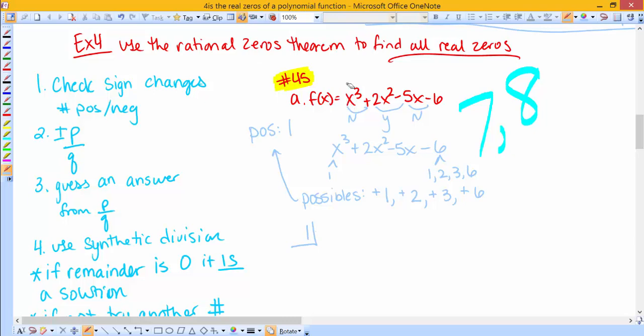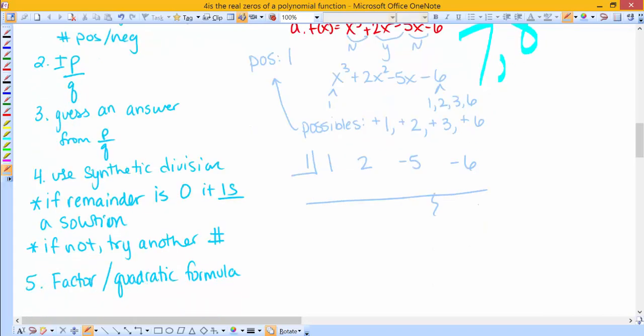So I put my coefficients from each of these. 1, 2, -5, -6. No missings, so I won't have zeros. Okay, so I have to go until my remainder is 0. So I drop this 1. Multiply, I get 1. Add, I get 3.